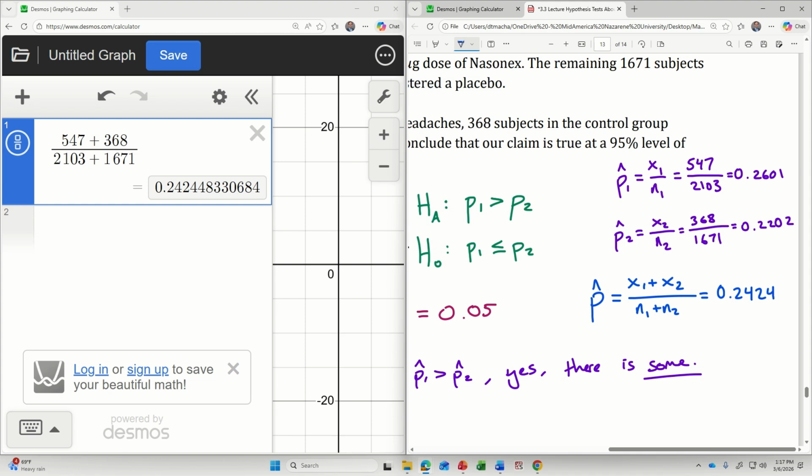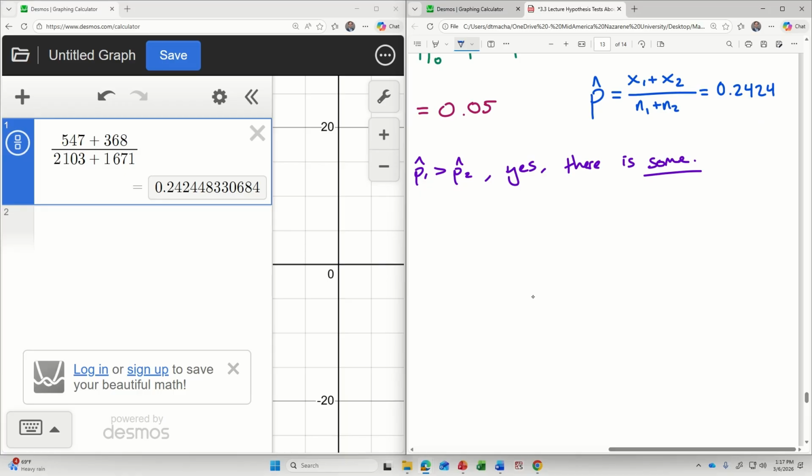And then whenever I go to do my test statistic, my formula is P1 hat minus P2 hat divided by the square root of P hat times 1 minus P hat times the square root of 1 over n1 plus 1 over n2.